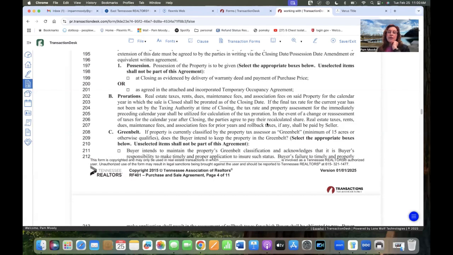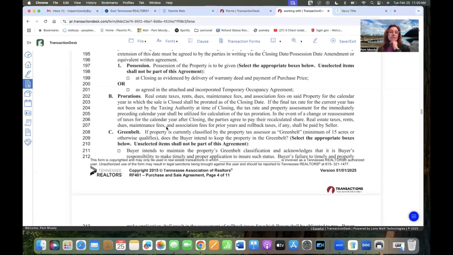Okay, let's go back. If the final tax rate for the current year has not been set by the taxing authority at time of closing, the tax rate and property assessment for the immediate preceding calendar year shall be utilized for calculation of the tax proration. In the event of a change of reassessment of taxes for the calendar year after closing, the parties agree to pay their recalculated share.